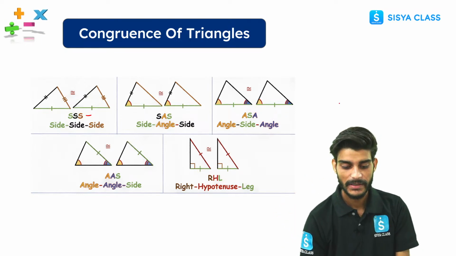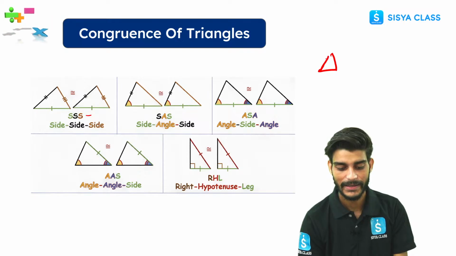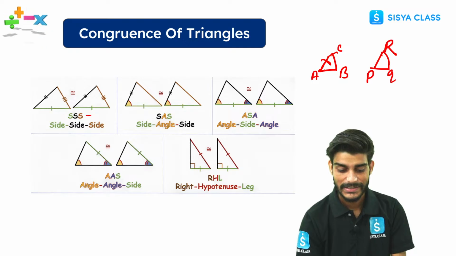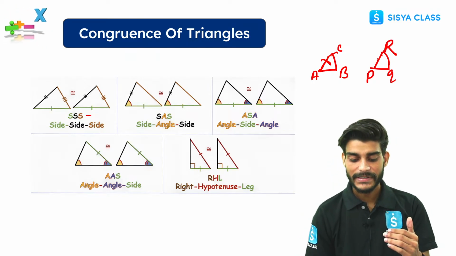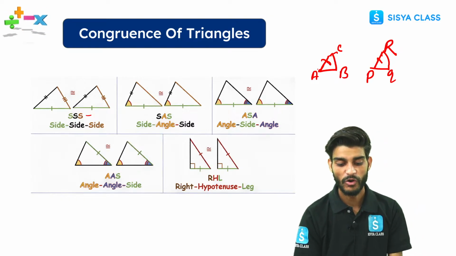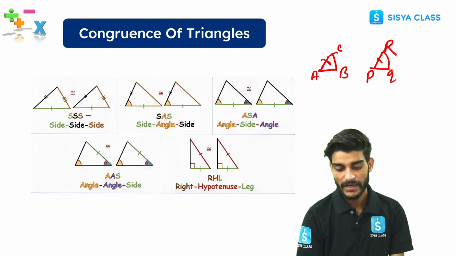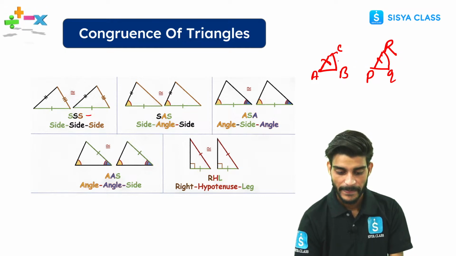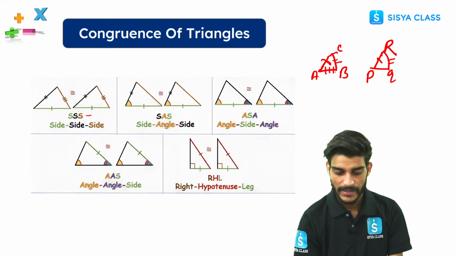It's not possible that when we have two triangles, and I name this one ABC and this one PQR, the side AC is the corresponding side of PR, right? Not AC and PQ.